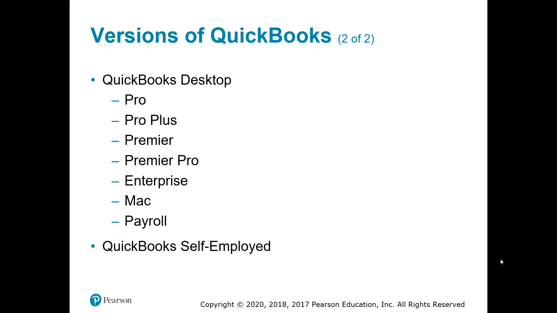Self-employed. Okay, these are our Schedule C, if you know taxes. These are people that run their own business. When we use a self-employed, either on online or desktop, it is one user only. Has no accountant access. It still tracks income and expenses.